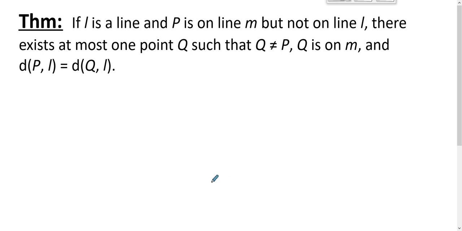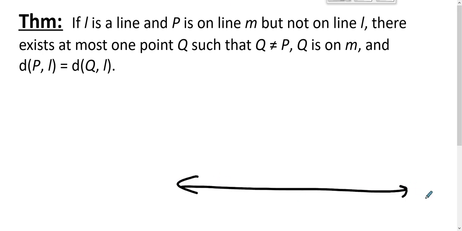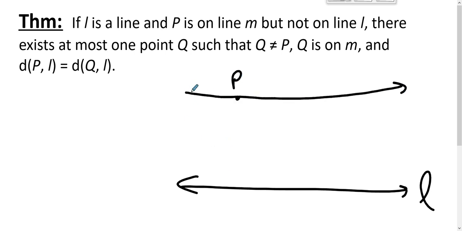We will assume that L is a line and P is on line M, but not line L. There exists at most one point Q on M, not P, the same distance from L. So we'll let P prime be the foot of the perpendicular from P to L.